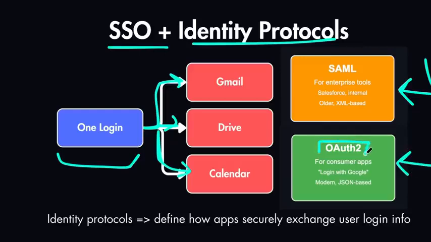OAuth2 is used more often nowadays for the modern applications to log in with Google or with GitHub or any other service provider. It is a modern and JSON based. And on the other hand, SAML protocol uses XML based approach. But still, SAML is very popular in the legacy systems and in companies that use things like Salesforce or internal dashboards. So these are identity protocols, which means that they will define how apps securely exchange the user login information between each other.